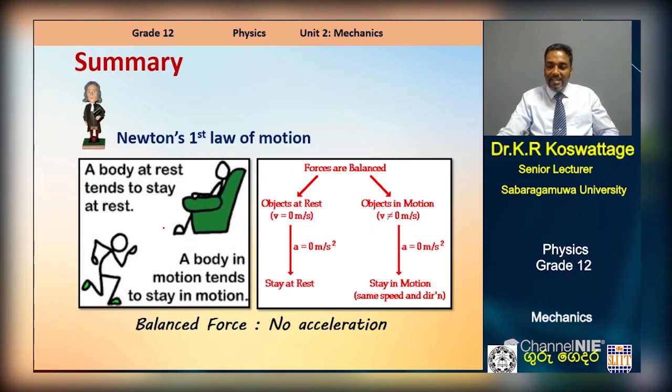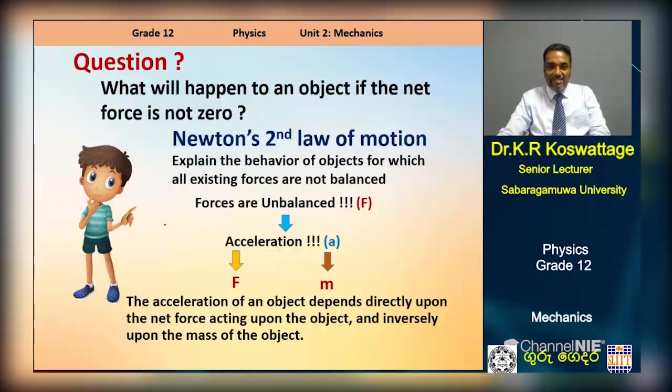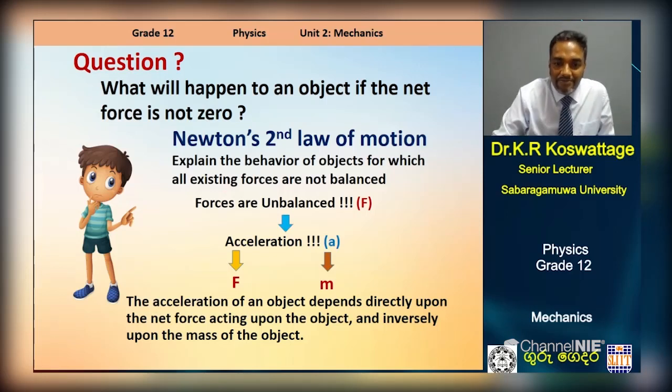So what happens in the case of unbalanced force? Basically, Newton's second law answers this particular question. What will happen to an object if the net force is not 0?